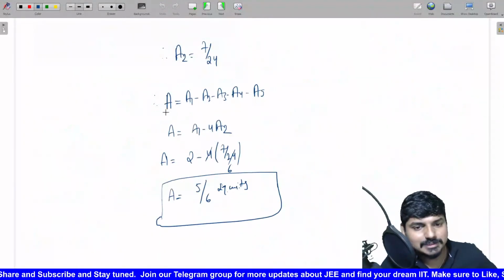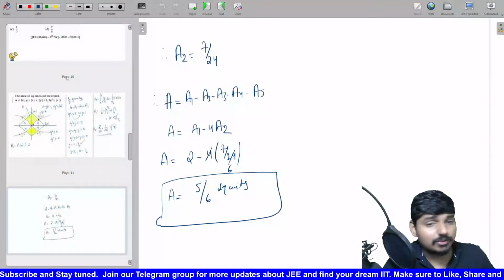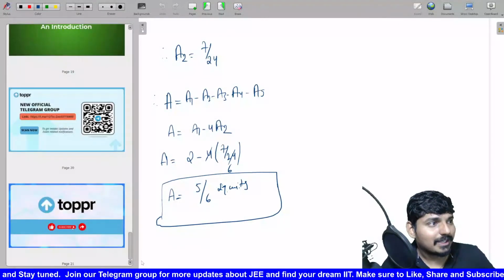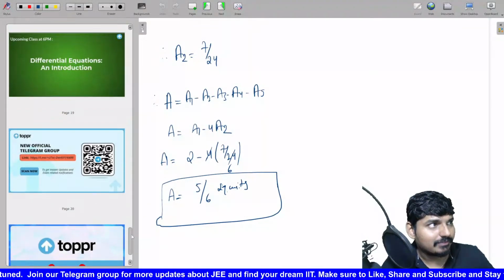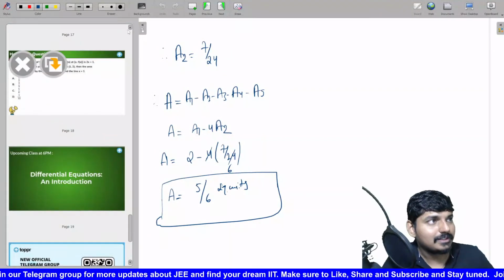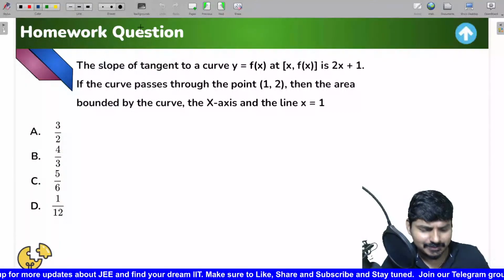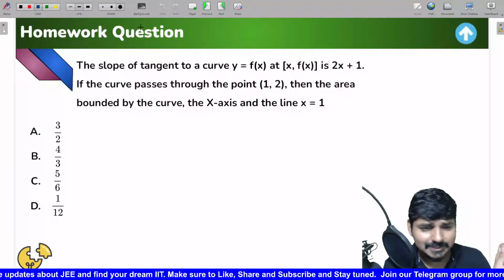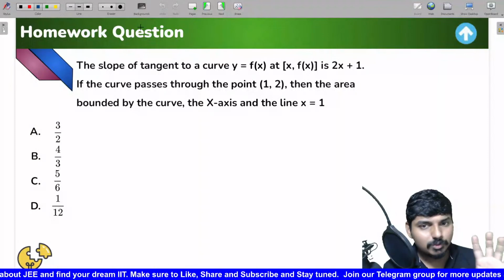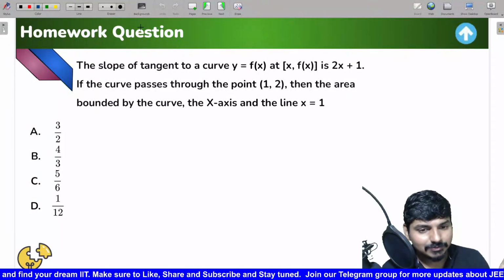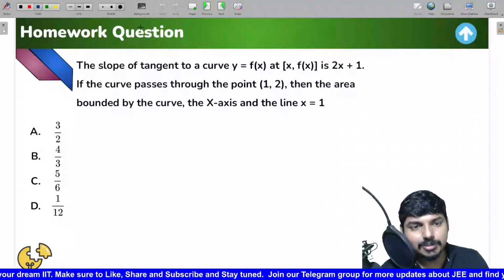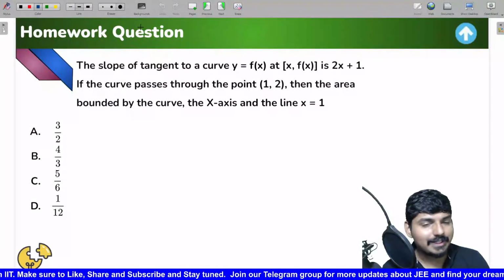Okay, so I hope this question is clear for all the students out there. So guys, before leaving the session, there is a homework question for you. After every session, I'm going to give you one homework question. Let us see in the next session who is going to give me the right answer.